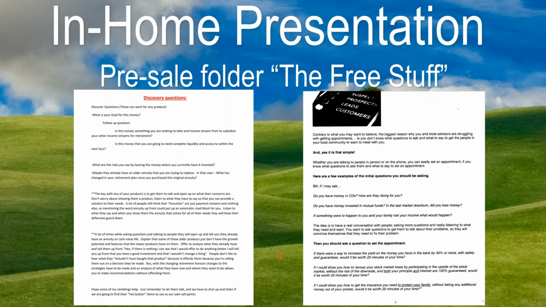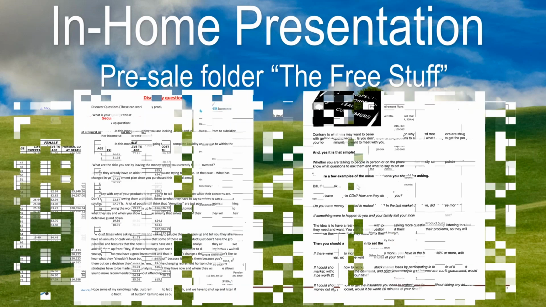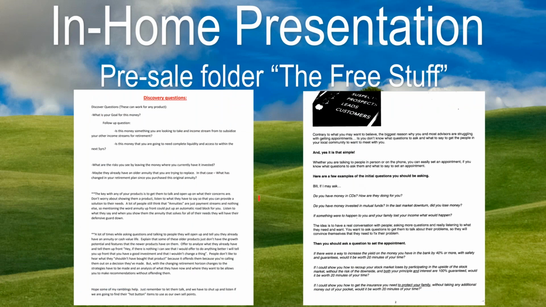And I promise you, if you incorporate this form, the asset gathering form, and ask these questions that Jimmy is asking, you can significantly increase your annual income by simply taking an extra 5 minutes, if that, in each presentation.